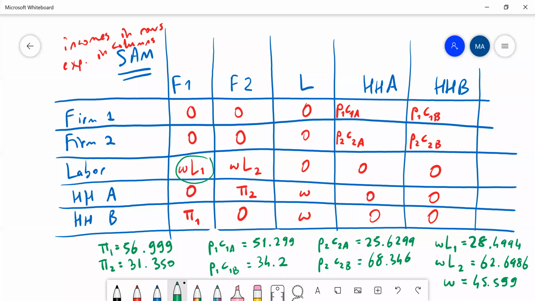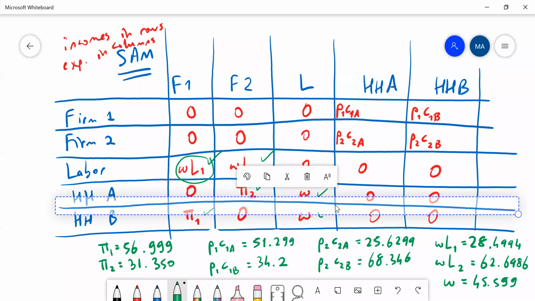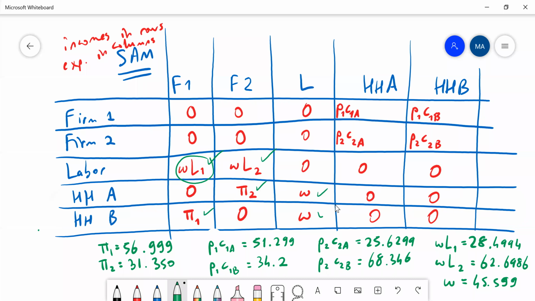right? Now suppose that these numbers are right. So we have P1, P2, WL1, WL2, W, and P1 C1A, P2 C2A, P1 C1B, P2 C2B. Then you have the model, and the model is very simple, so you can actually solve it.